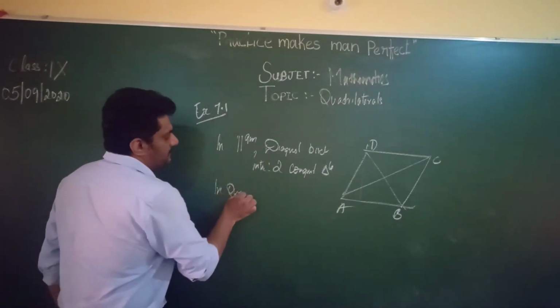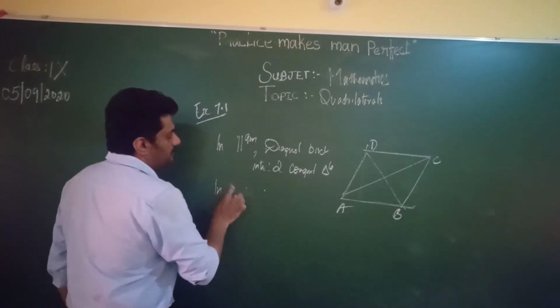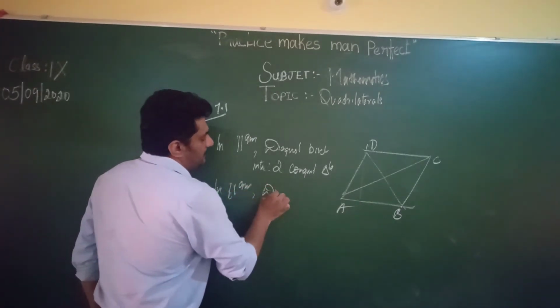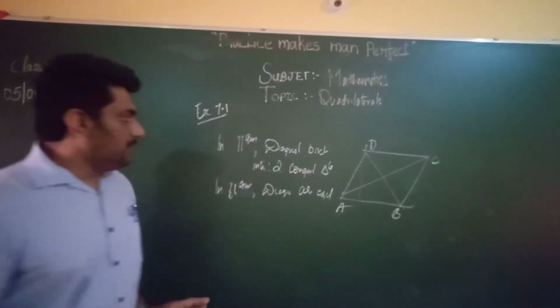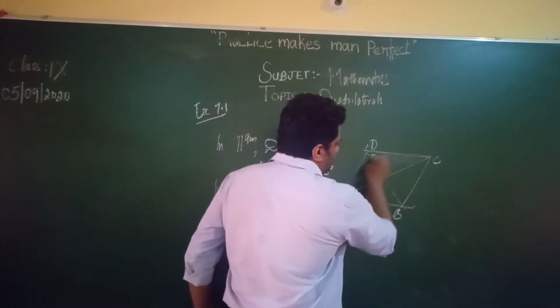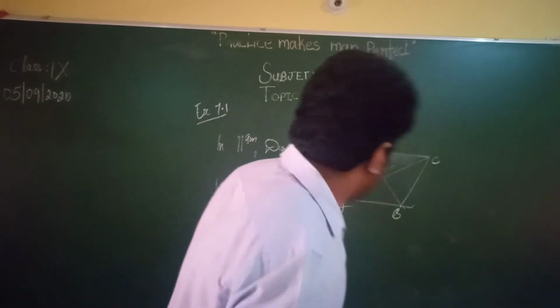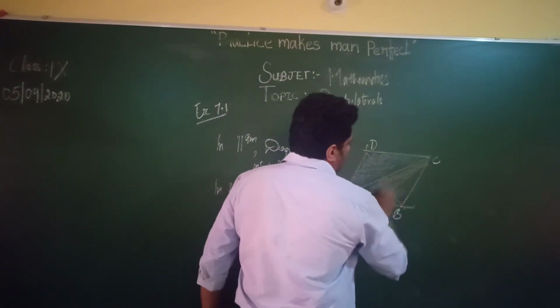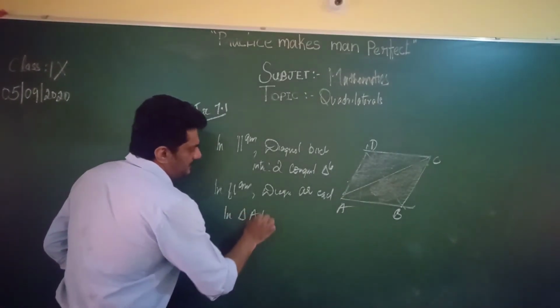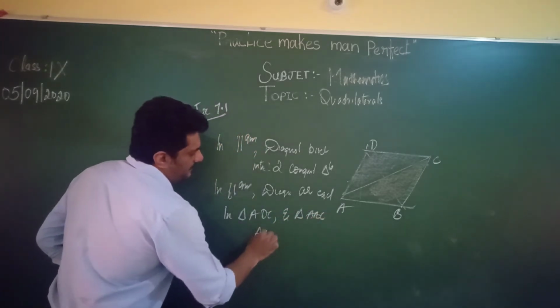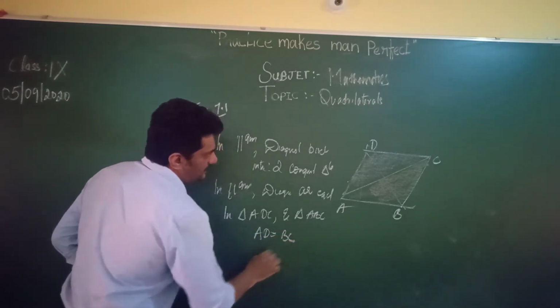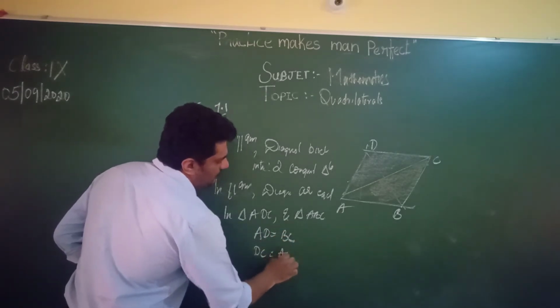Now in this quadrilateral, in a parallelogram, diagonals are equal. If diagonals are equal, take this triangle and this triangle. Can I tell that in triangle ABC and triangle ABD, AD is equal to BC, DC is equal to AB?